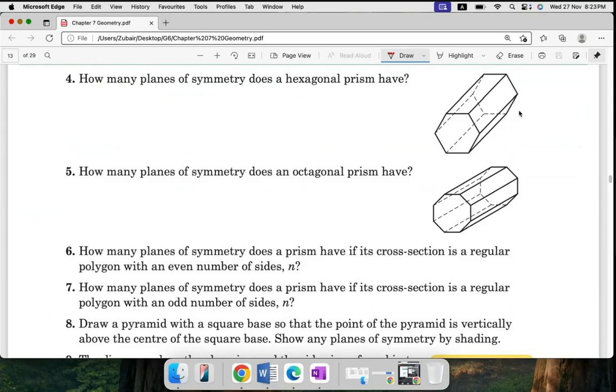Number 4. How many planes of symmetry does a hexagonal prism have? Have a look.